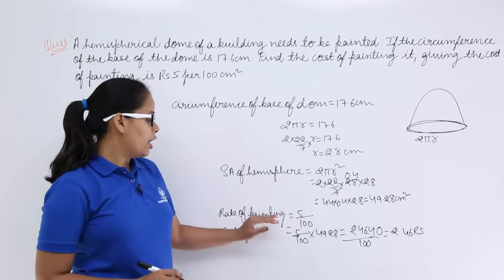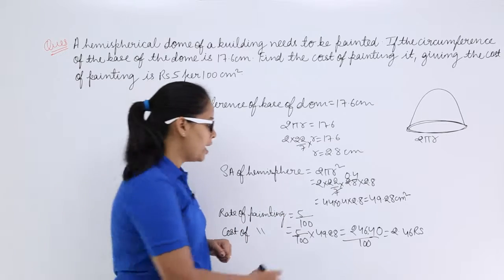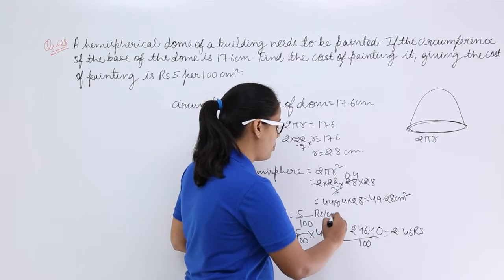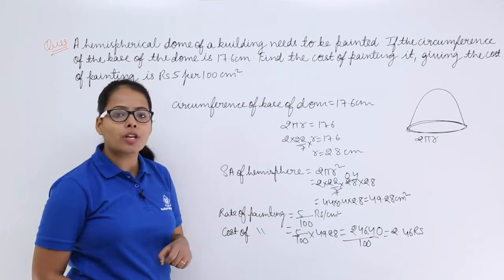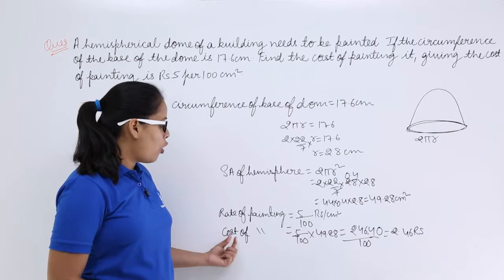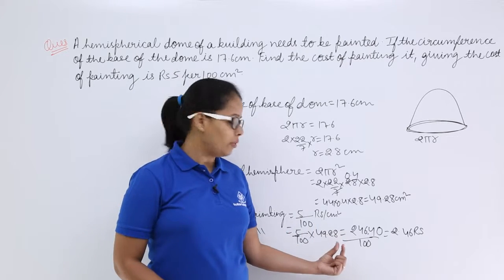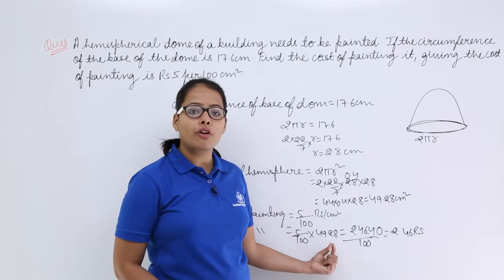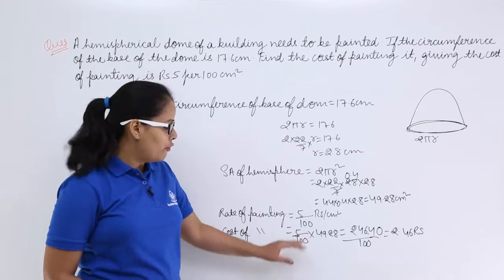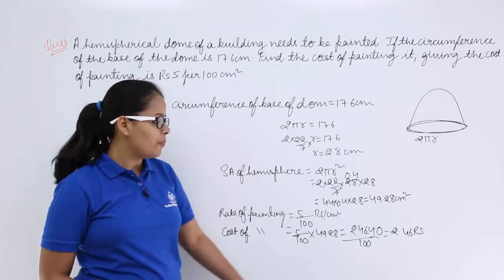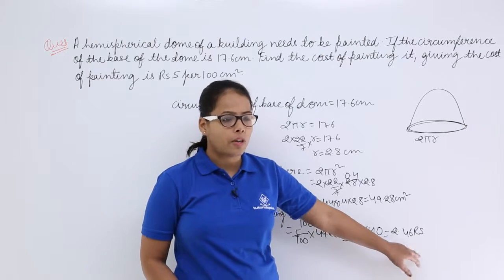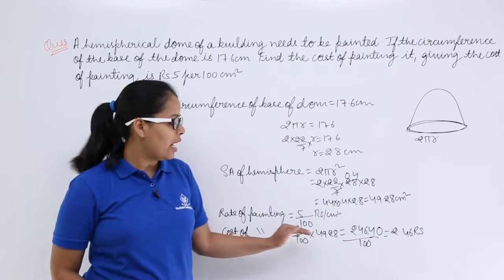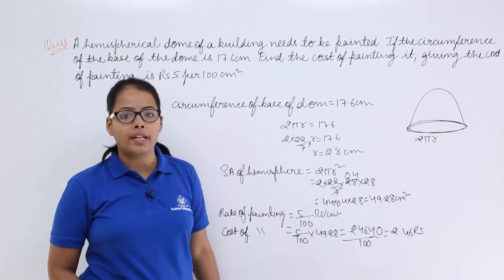So here the rate of painting was 5 by 100 rupees per centimeter square. For the area of 100 centimeter square, it was costing rupees 5. Now the cost of painting the area of 49.28 will be somewhere half of 5, and that's what you are getting here, 2.46 rupees. So this is the cost of painting area 49.28.